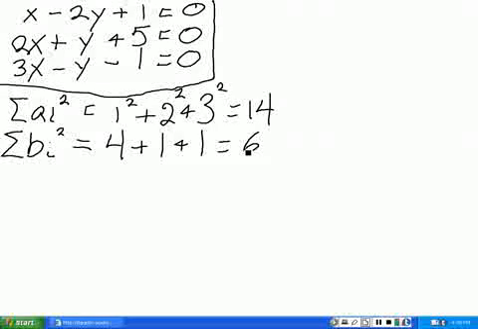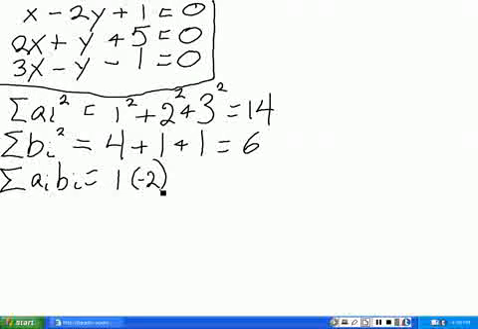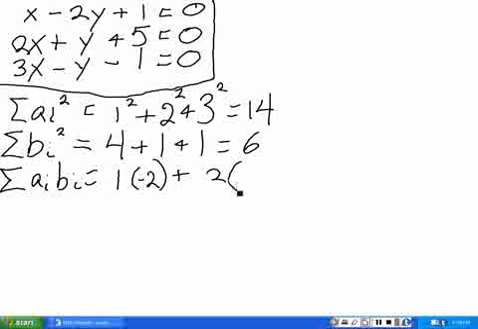Now, the ci's are going to be the constant terms, but actually we don't need the ci squared. What we do need is the ai bi's. So that's going to give me 1 times minus 2, because it's the first a and the first b, plus 2 times 1 plus 3 times minus 1, which gives me minus 2 plus 2 minus 3, that's minus 3.